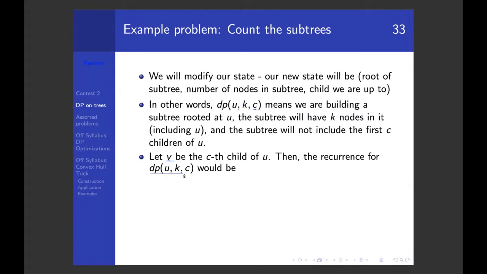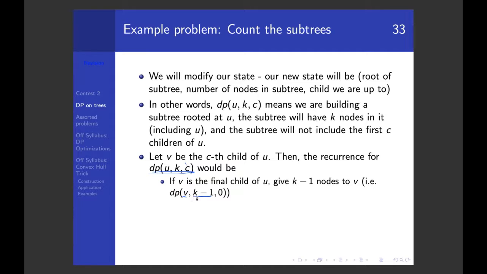And the recurrence for this DP is, if V is the final child, then this is quite similar to the one child case because we must give all remaining nodes to our child, except the one we keep for ourselves, the root. So in other words, the answer to dp u k c, if V, which is the cth child, is the final child, is just dp of the child.